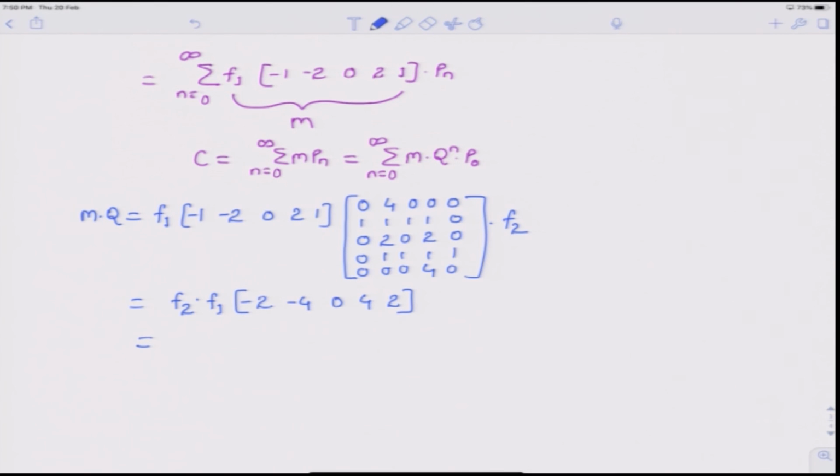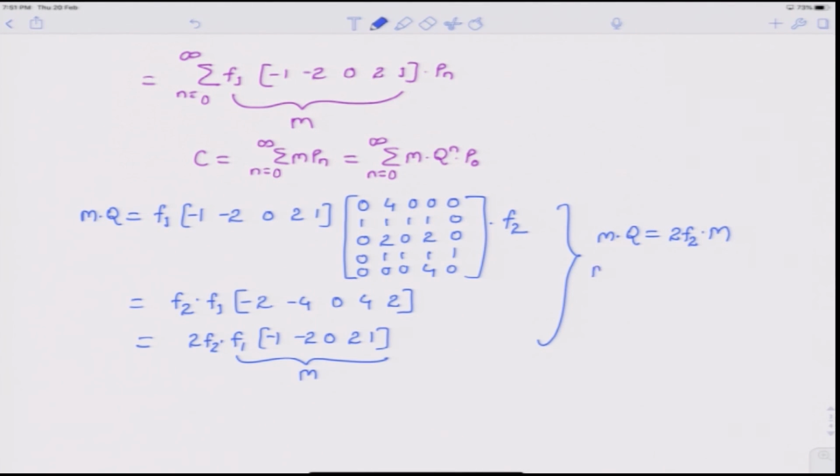This we can write as 2 times F2 times F1 times [-1 -2 0 2 1], and again this matrix is nothing but what we defined as matrix M. So, we get M times q is equal to 2 F2 times M.